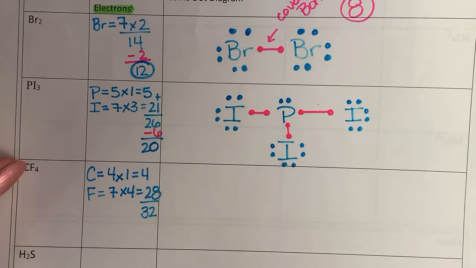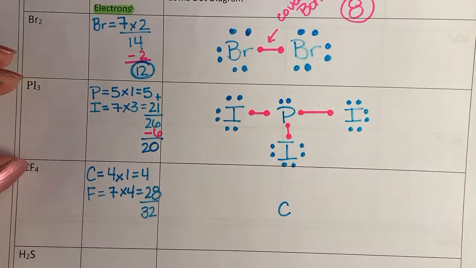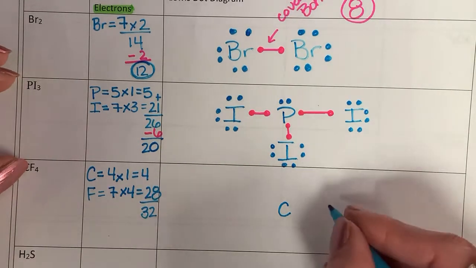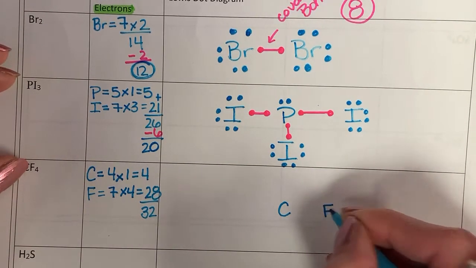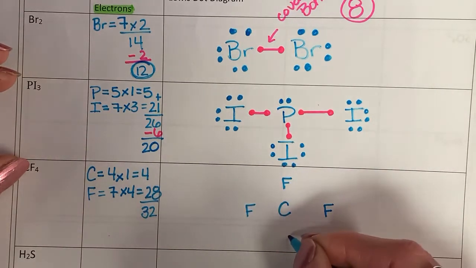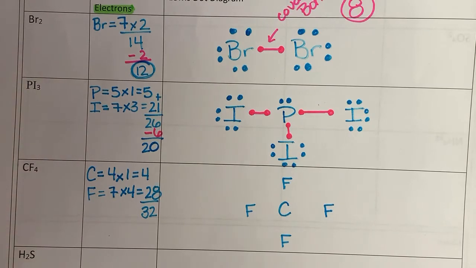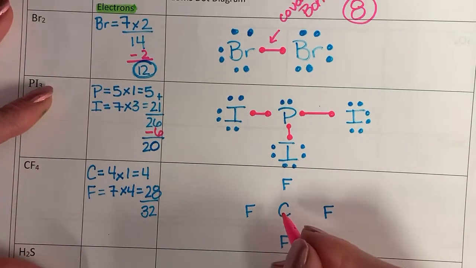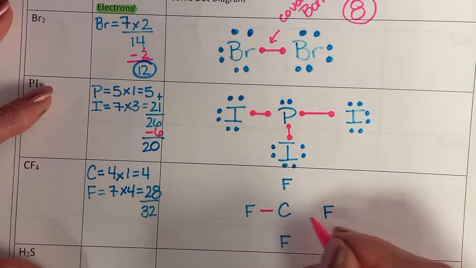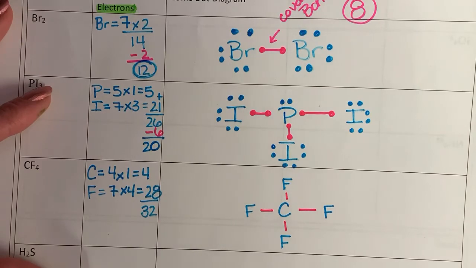Because there is only 1 carbon atom, he is my central atom, and it's CF4, so I'm going to draw 4 Fs around the outside. Again, top, bottom, left, right. Just like before, I'm going to connect each letter with a single bond.